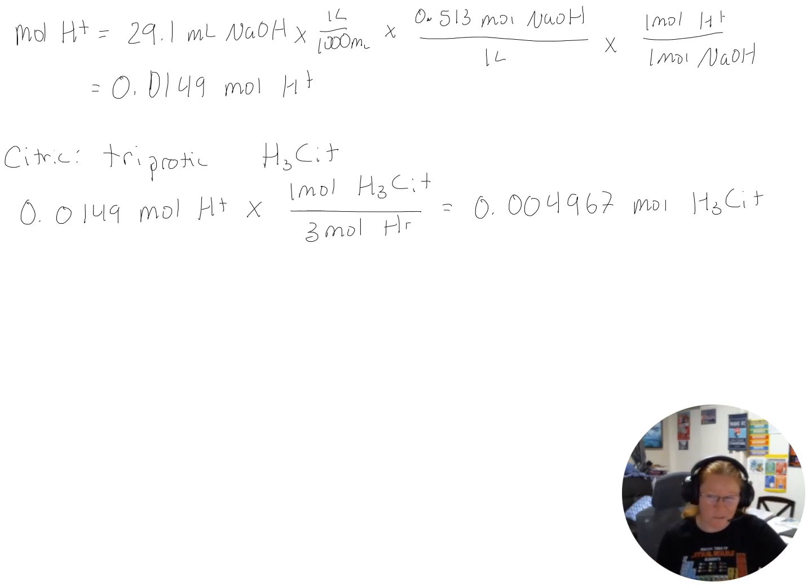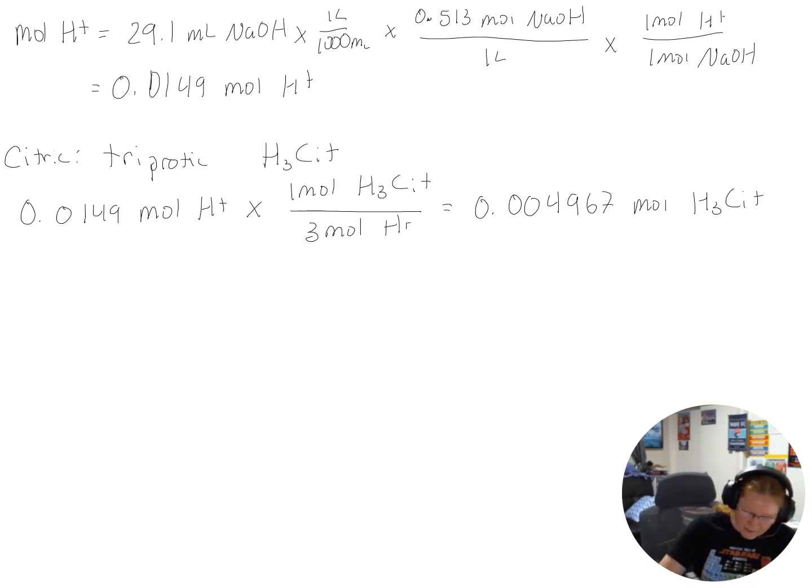Now we had some molar masses, and we know the original grams of sample. Our problem told us that it was a 0.956 gram sample. So if I know grams and I know moles, what can I calculate? I can calculate a molar mass.